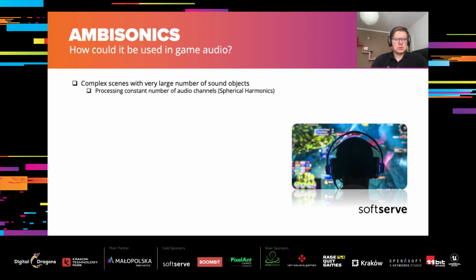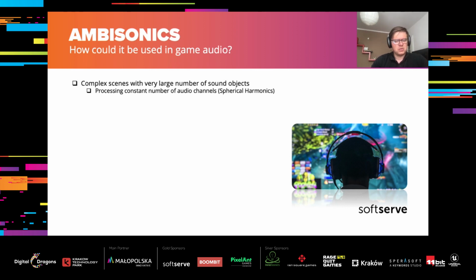Okay, so now I would like to shortly mention how ambisonics could be used in game audio. One of the greatest features of ambisonics is that it is a very efficient way of storing really complex sound scenes with multiple sound objects. Imagine that we have a very complex sound scene that consists of hundreds of sound sources.